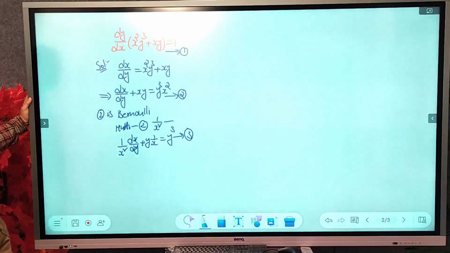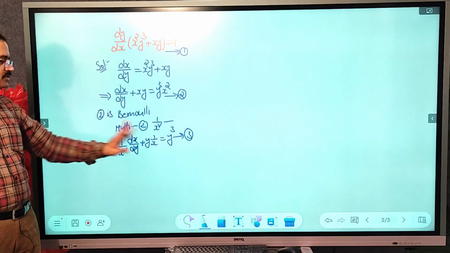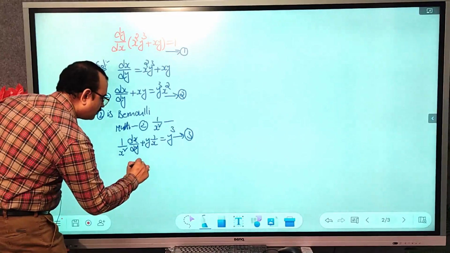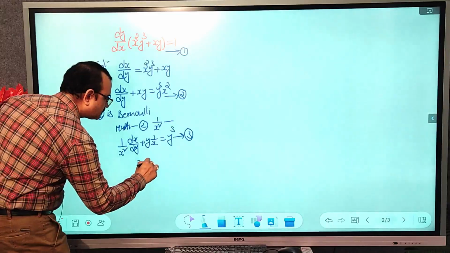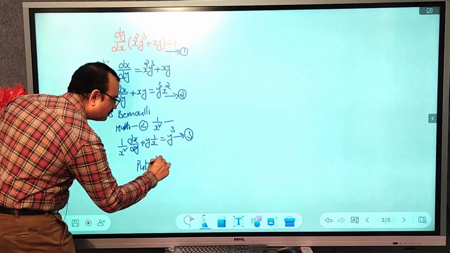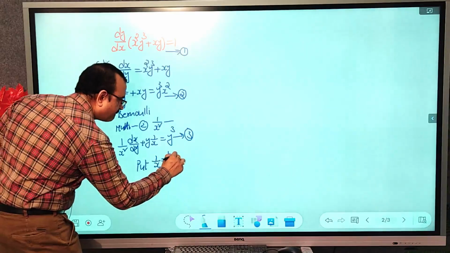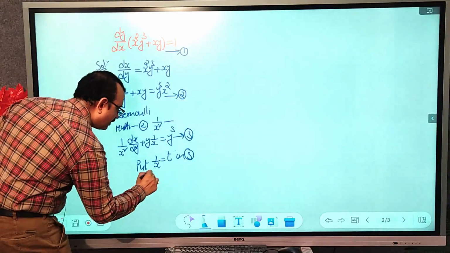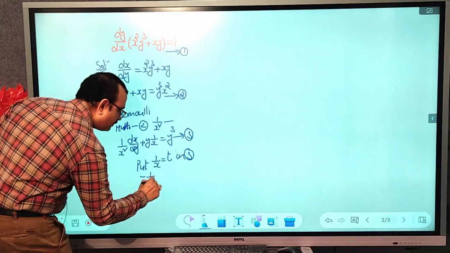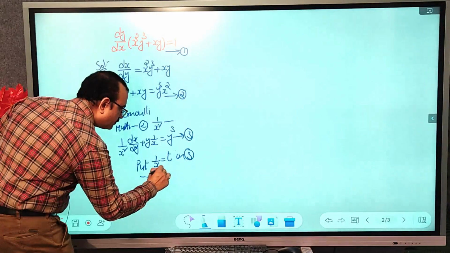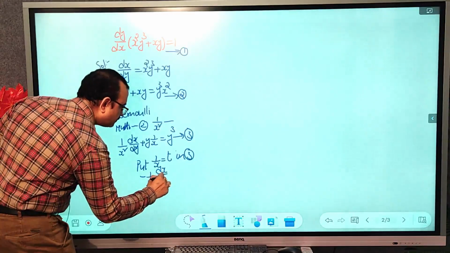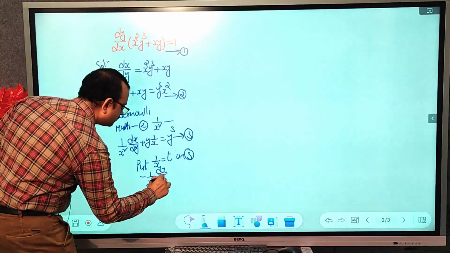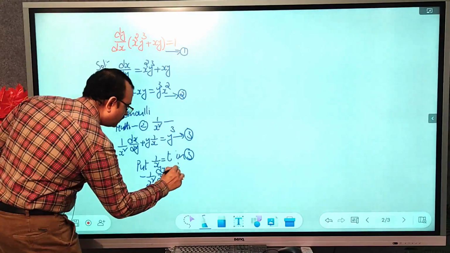Now here what we will do is you replace this 1 by x with some variable. So put 1 by x is equal to t, introduce a new variable t. Now we find the derivative of 1 by x, which is minus 1 by x square into dx by dy is equal to dt by dy.